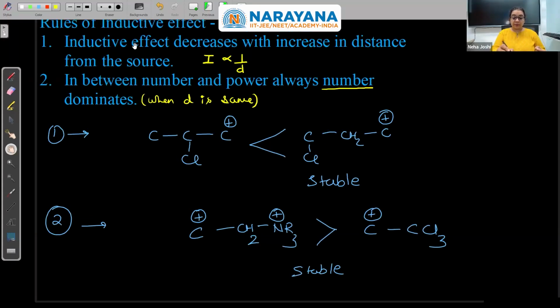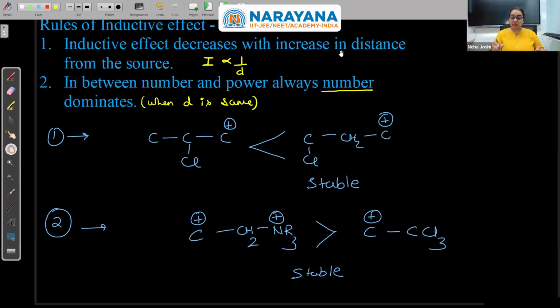See, these are the examples. Let us first compare: inductive effect decreases with distance. How will you compare that distance factor? We have to compare the effect on this C. From here, I say 1 sigma bond, and next I am finding the CCl bond at a distance of 1 and 2 sigma.